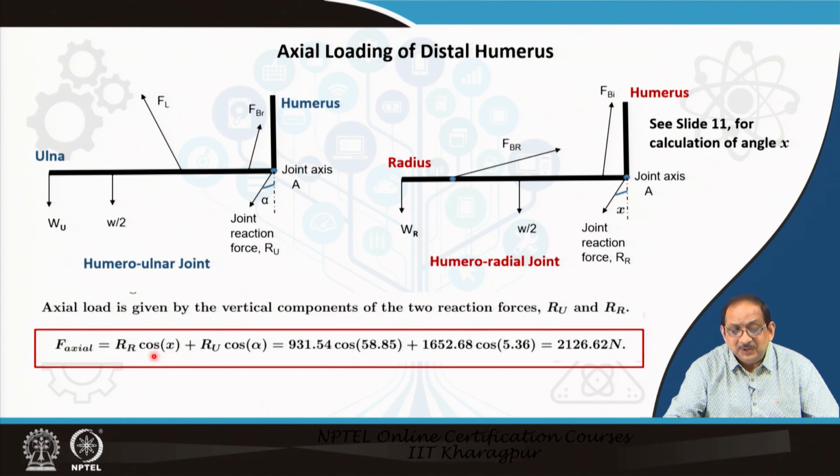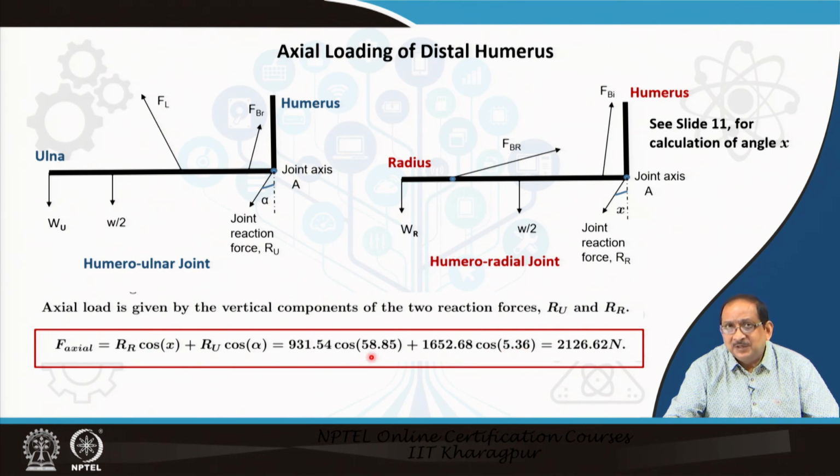So, we have the cos of x. The angle x has already been calculated in slide 11. Please go back and you can visit slide 11 for the calculation on angle x. Angle alpha has recently been calculated as 5.36.